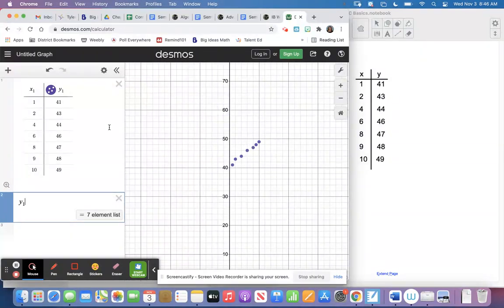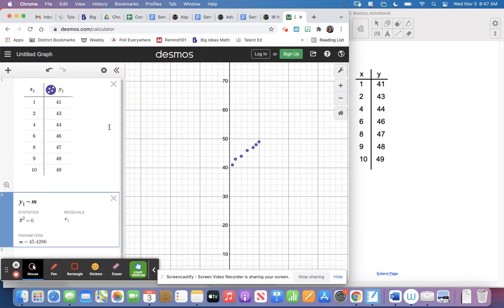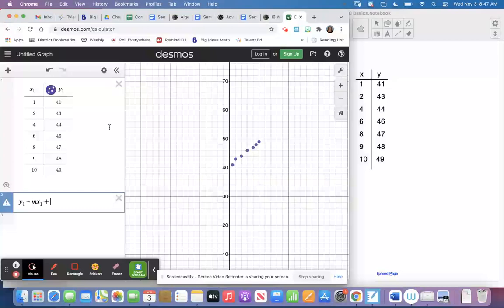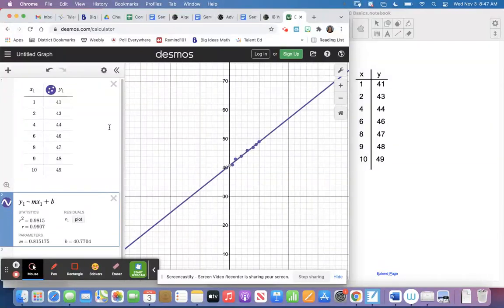And notice how it went down below. I didn't have to do anything. All I did was say y1. I didn't hit spaces or anything. And the next thing you need to do is hit the tilde. So you're going to go shift, and then it's above your tab button, and it's going to give you a tilde. And then we have m, and then x1 plus b. So I just typed that in.